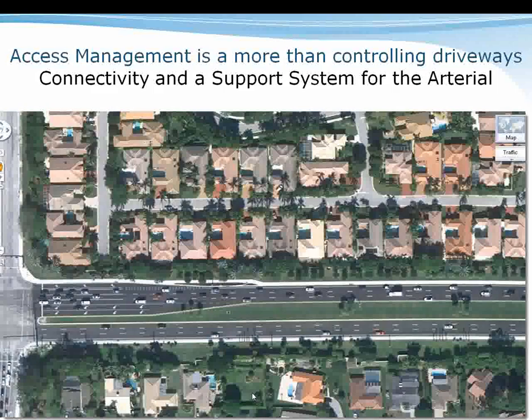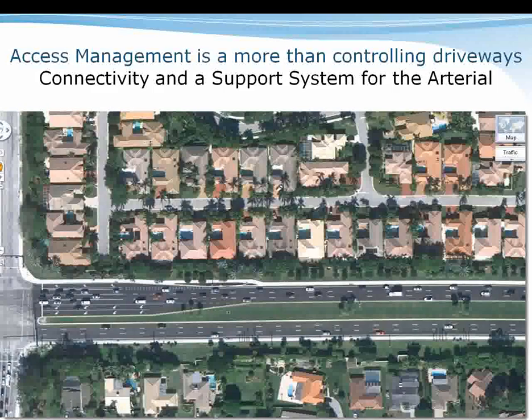If you look at this picture, you will see a number of single-family homes off of a neighborhood street. Each of these homes does have a driveway. You will notice that the arterial street here on this portion has no direct driveways to the homes on the other side of the right-of-way line.